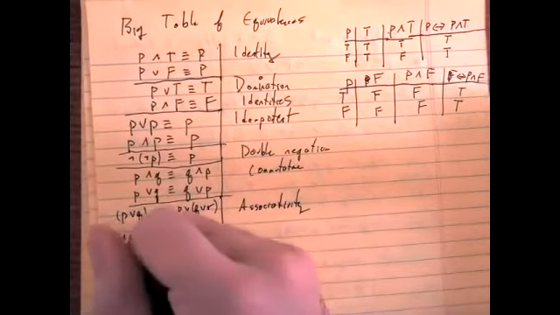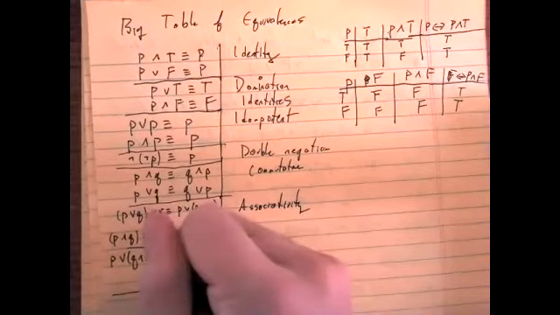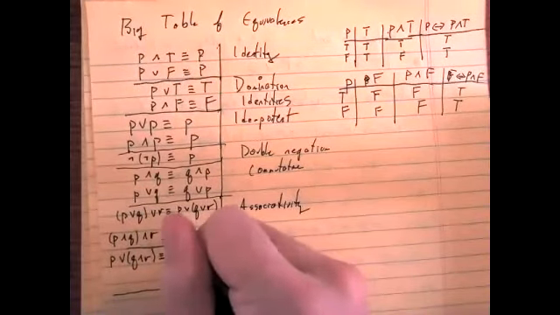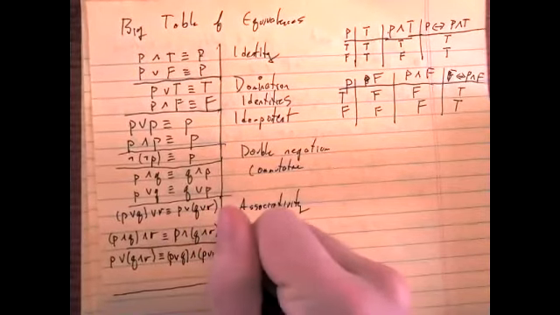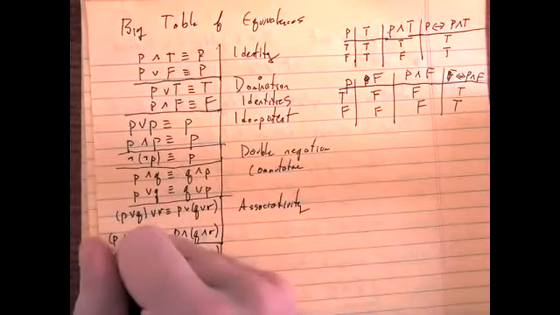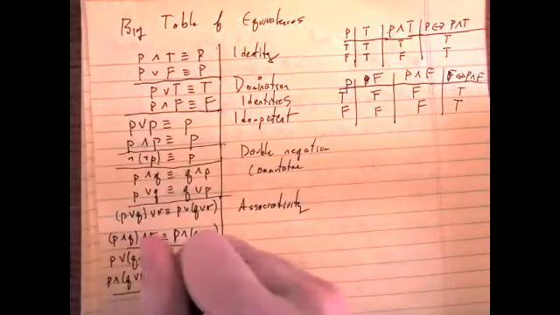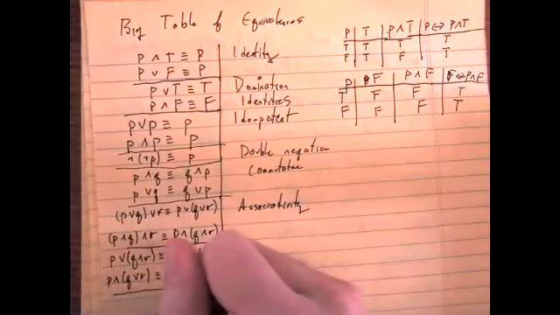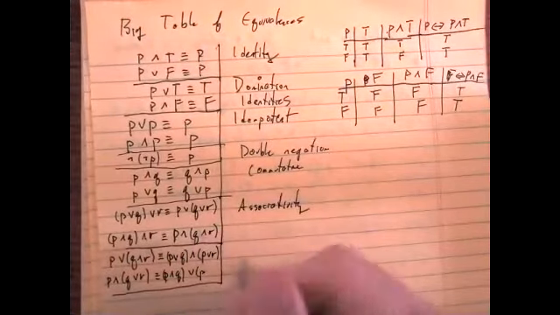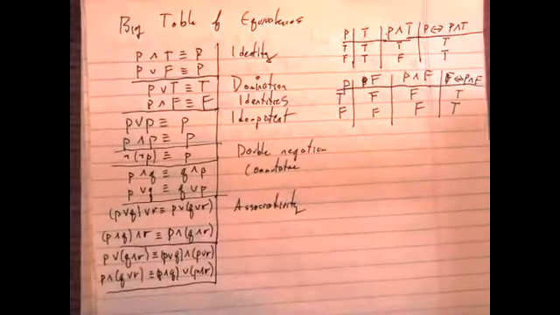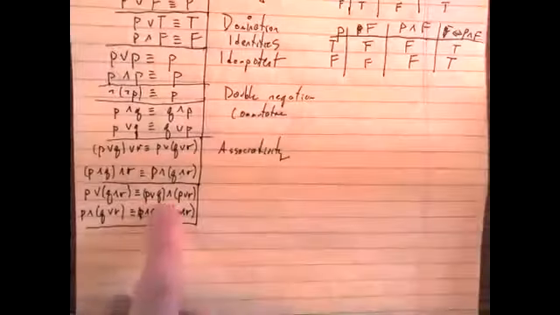So P or Q and R is logically equivalent to P or Q and P or R. And similarly, P and Q or R is logically equivalent to P and Q or P and R. So these I'm going to show, or at least one of them.